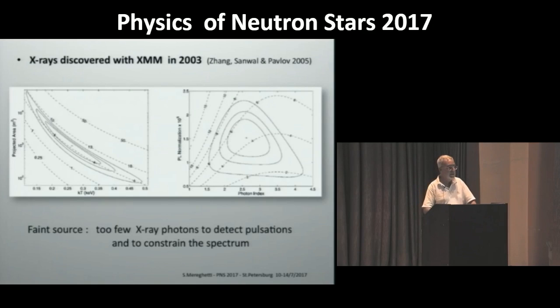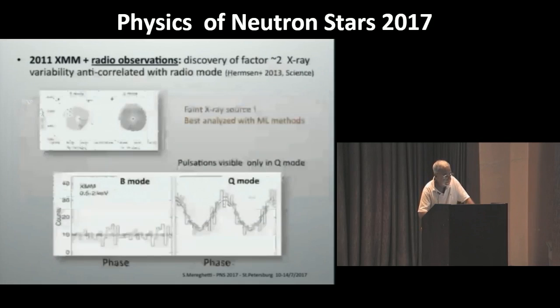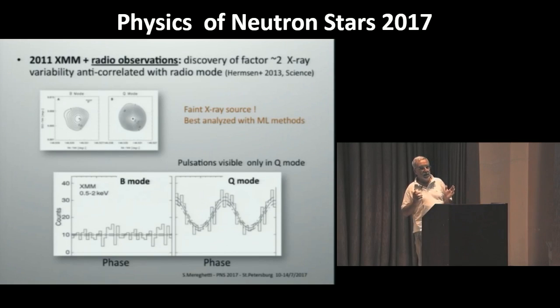The important advance came thanks to a coordinated campaign of observation in which XMM was used together with simultaneous radio observation by Wim Hermsen and collaborators, and this allowed them, first of all, to get more data in X-rays, but also to analyze the data separating the mode of the pulsar based on the radio data.